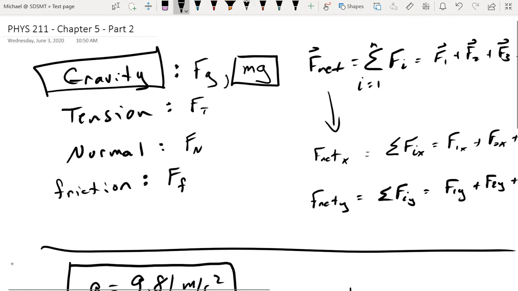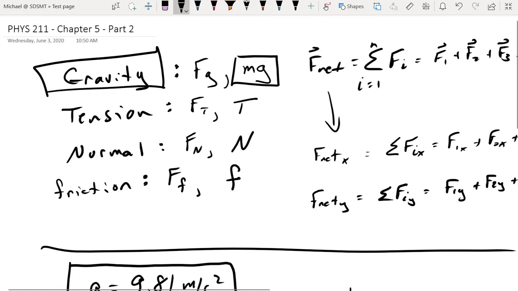As for the other forces, I prefer to just use the letter that each of those forces starts with. I'll use capital T for a tension force, capital N for normal force. And then friction, well, friction starts with an F, but I'll use a lowercase f to denote that friction force.